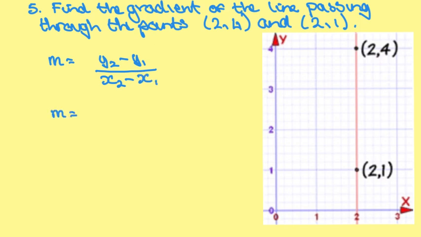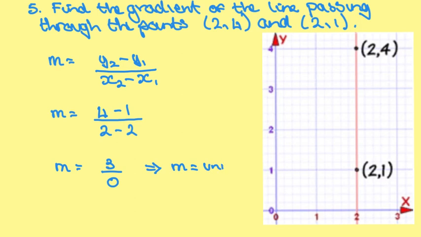So m is equal to 4 minus 1 divided by 2 minus 2. So m is equal to 3 divided by 0. We know that you cannot divide by 0, so therefore m is undefined. All vertical lines have a gradient that we say is undefined.